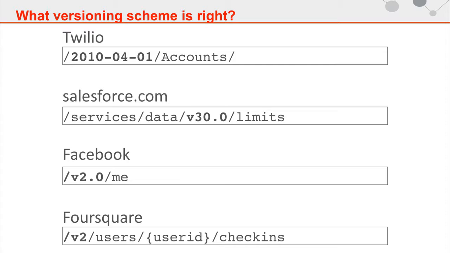With the Salesforce.com example on screen, there's that V30.0, and we see a couple of them, Facebook as well, with the 2.0. I don't know if I'm a big fan of putting a dot in there. When I see that dot, I start thinking, how many of them are there? Well, you could potentially go crazy with minor version numbers. There's no doubt about it. Absolutely. So what's your preference?